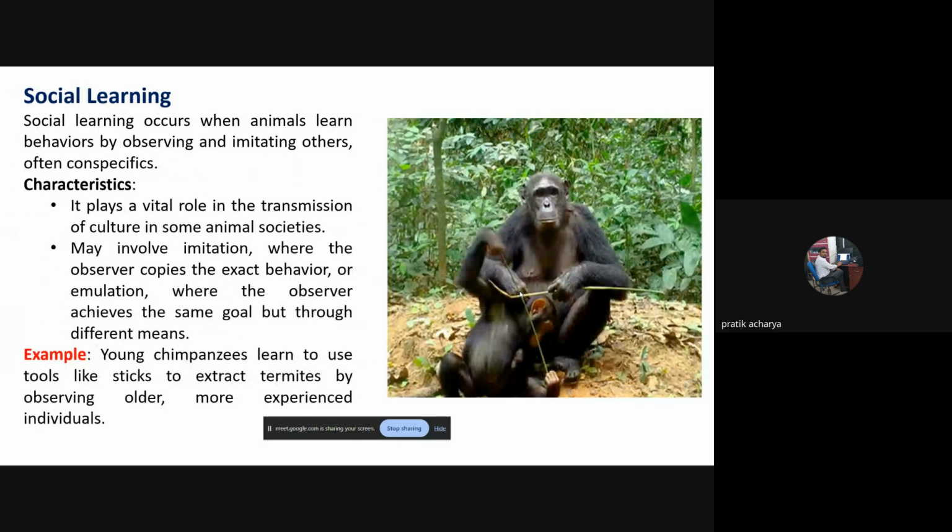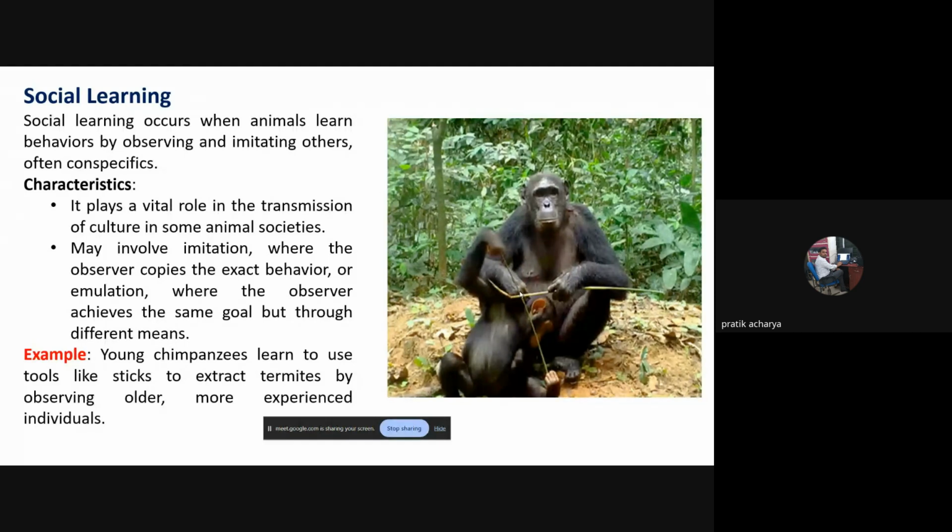Social learning means when animals learn behaviors by observing and imitating others, often conspecifics. Conspecifics means the similar species, their own species. It plays a vital role in the transmission of culture in some animal societies.